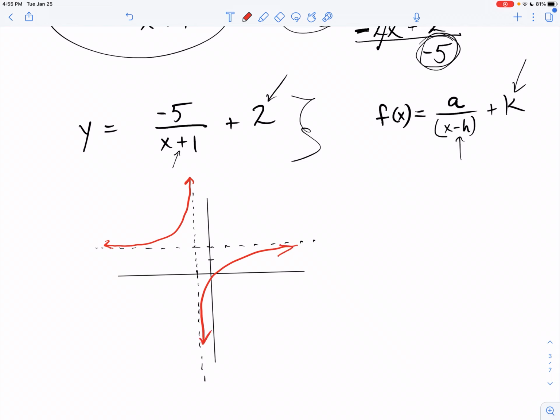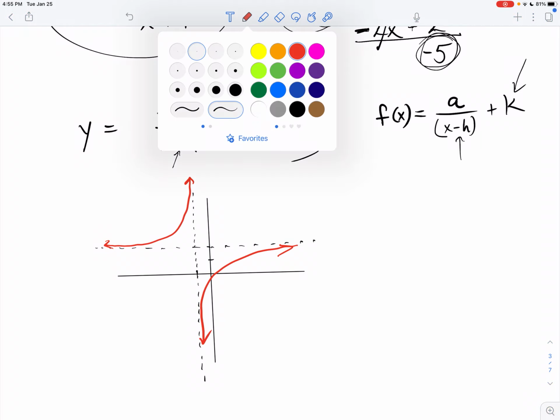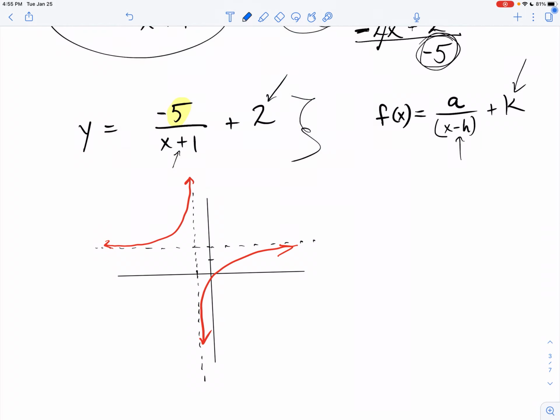Now, the thing is, the number here happens to be a 5. What does that do? Well, if I didn't have a 5 there, let's suppose I had a 1 there instead, like a -1, then my graph would have been closer to that origin point there. That'd be the only difference.